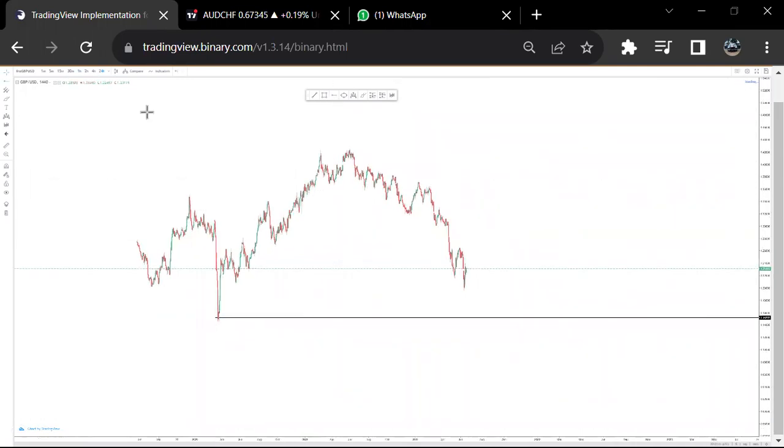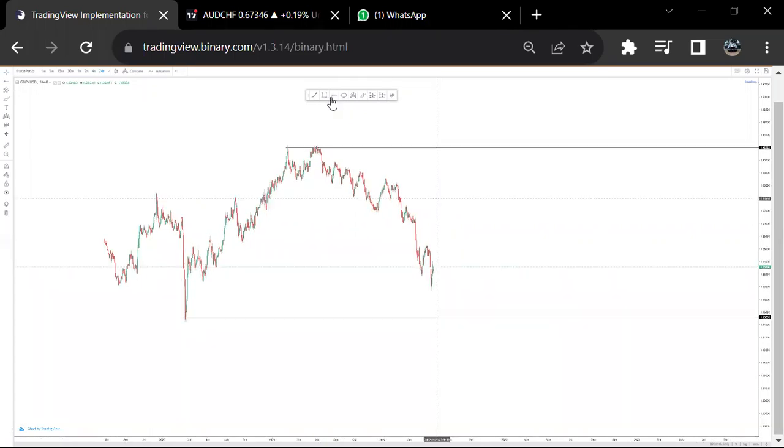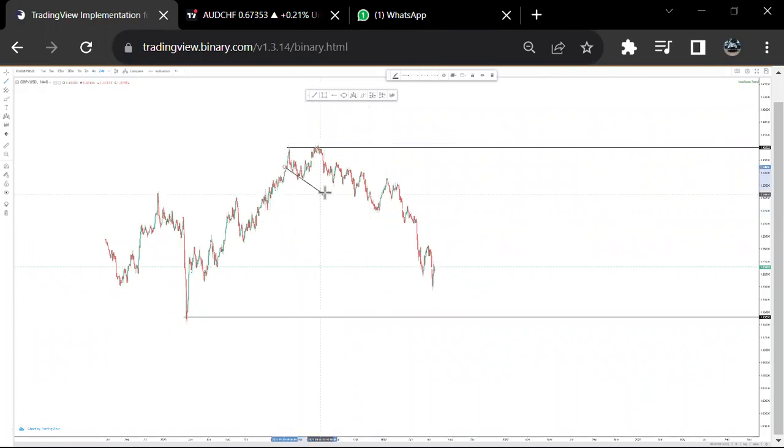Okay, here's GBP USD. The highest high, lowest low. And the pattern that we had with this one, guys, price has been dropping with this pattern, and I had it from this high.